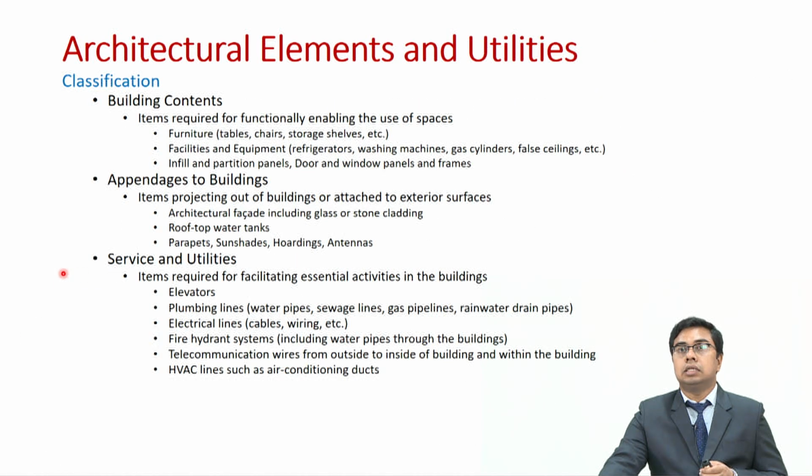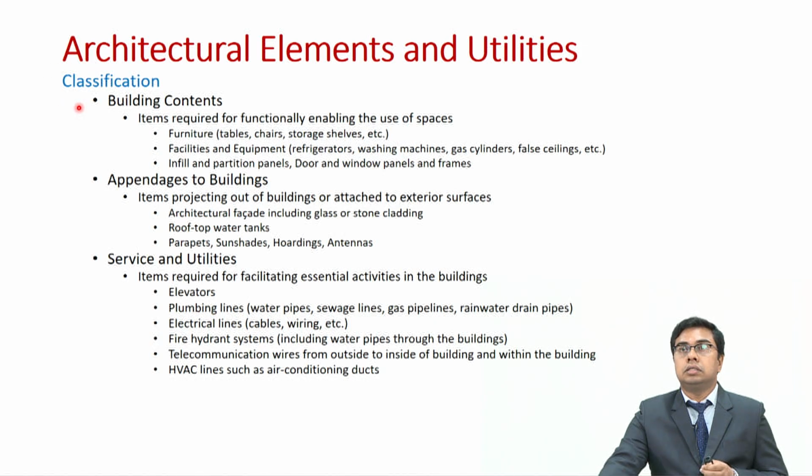The first classification of non-structural components is based on the functional nature of these components. Non-structural components are also sometimes called architectural elements and utilities. This term is from Indian Standard Code IS 1893 Part 1 and Part 5, 2025.